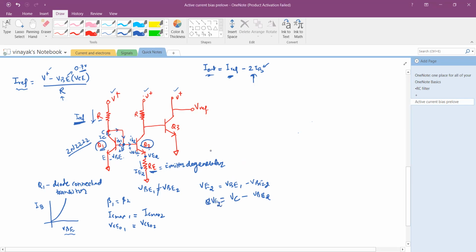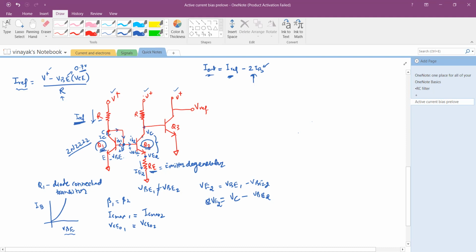Obviously, here is the collector pin of the transistor that has a voltage VC, and then there's this drop VCE across the transistor Q2. You want to make sure that IC2 is equal to IC1, that is, the collector current of transistor 2 equals the collector current of transistor 1.